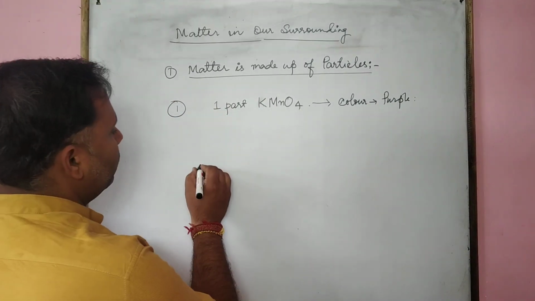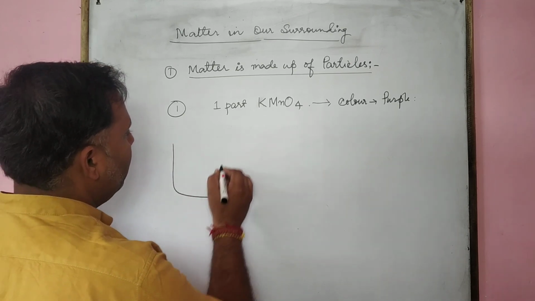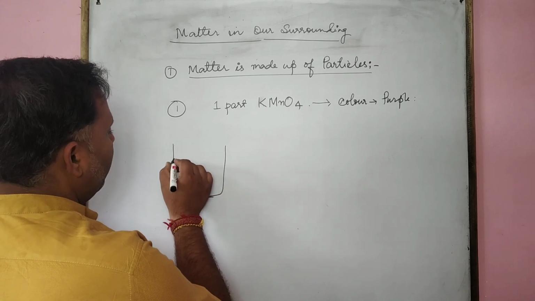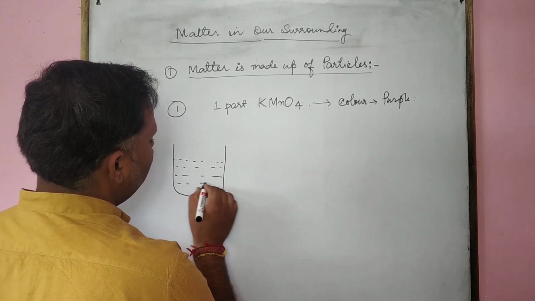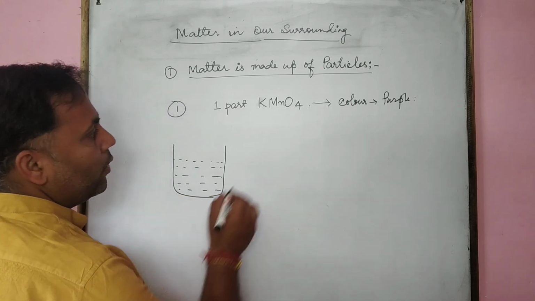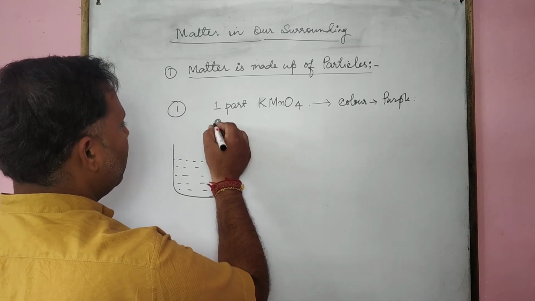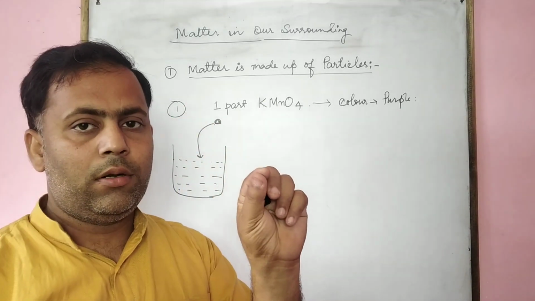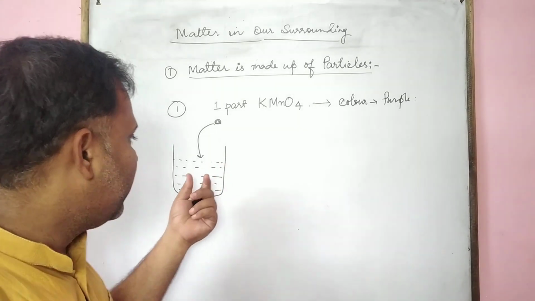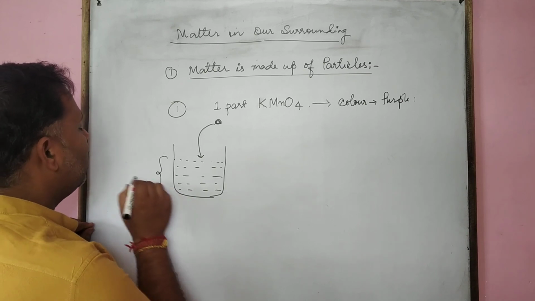We will take a beaker having some water in it, then place a part of KMnO4 into it. When we have a small particle, but when we dissolve it inside the water, what we see is that the whole water turns purple.